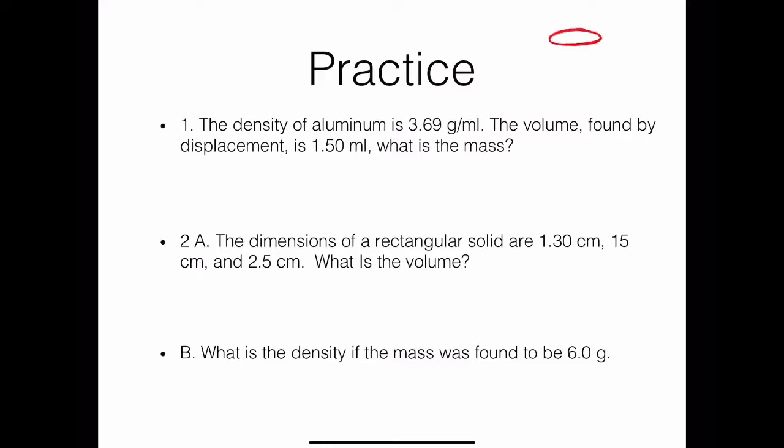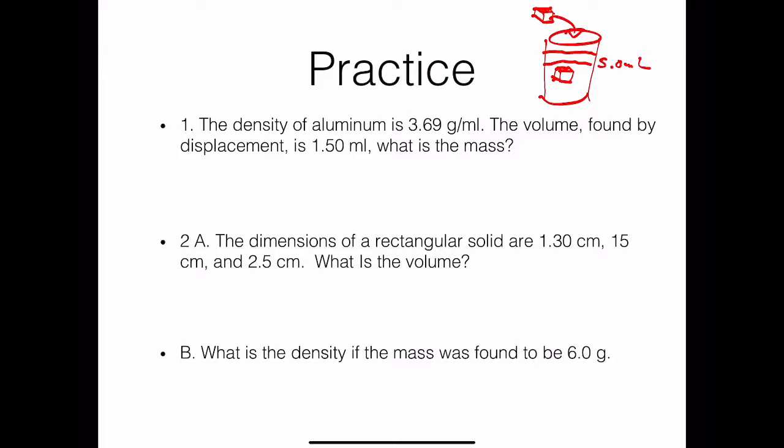Displacement is if you have a container of liquid and it's at a certain volume, in this case, say maybe 5.0 milliliters. Then we're going to put a sample of aluminum in here, and we'll say that's maybe a cube. When we put that sample of aluminum in, the volume increases by the amount that the cube is displacing the liquid.